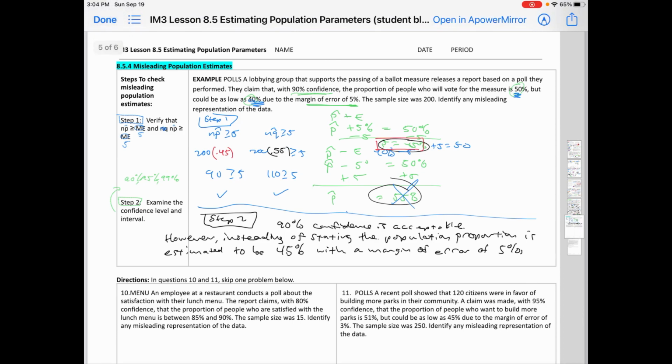But their mistake, so let me write this in red.